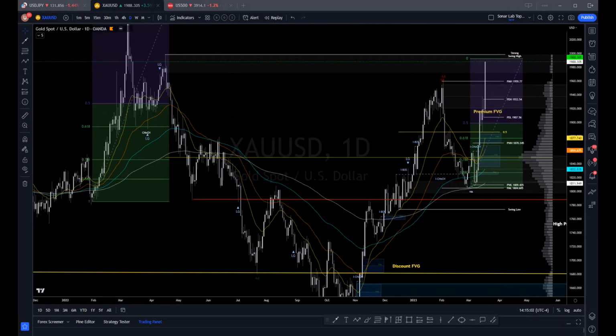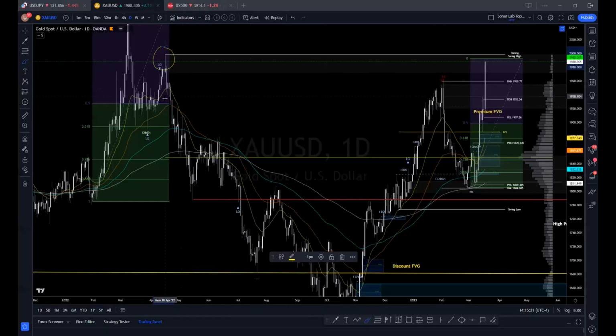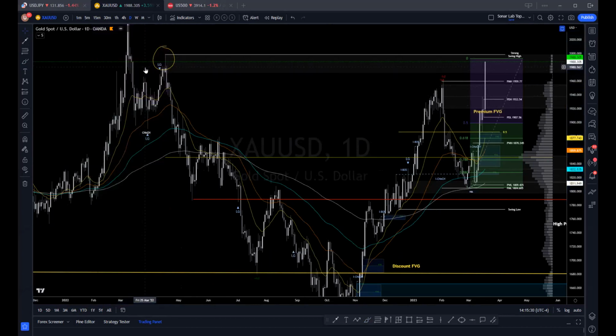Okay. So I am looking for gold to give me some signs of liquidity, something that looked like that, right? That is what I'm looking for. That is a liquidity wick candle. I hate to say this, but this looked more like a high candle, which is what the market makers like to do, right?